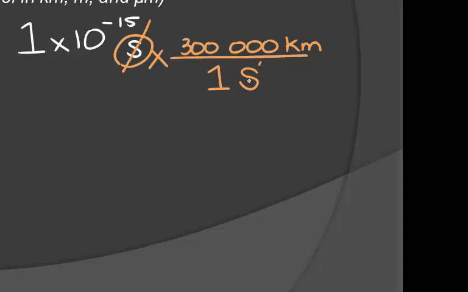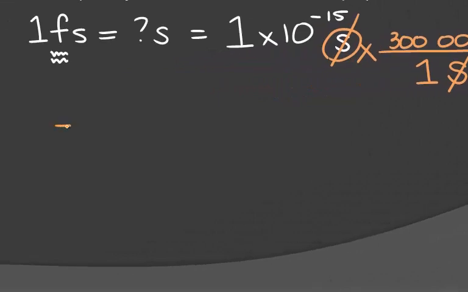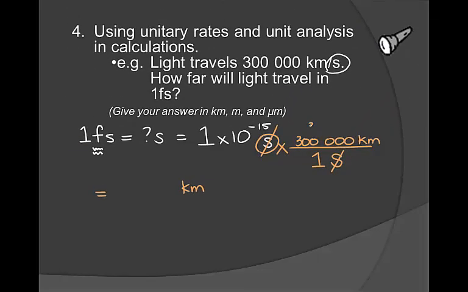Here, seconds and seconds will cross out, and I'm left with units of kilometers. Putting that through, I can do this in my brain because this is 3 times 10 to the 5. This means that this is 3 times 10 to the negative 10 kilometers.